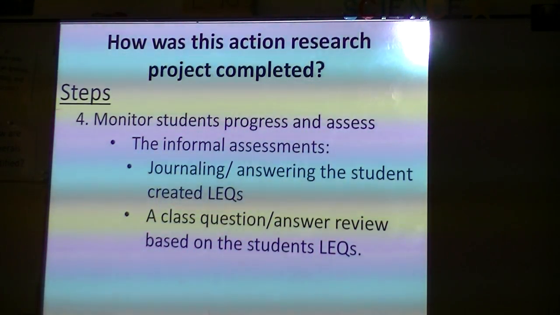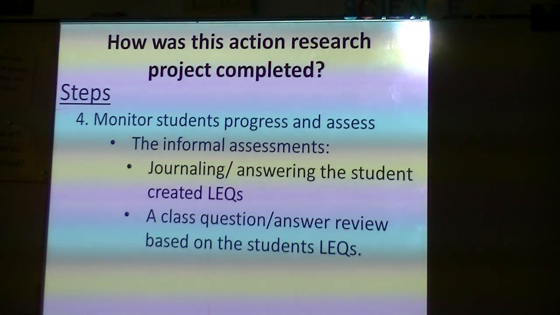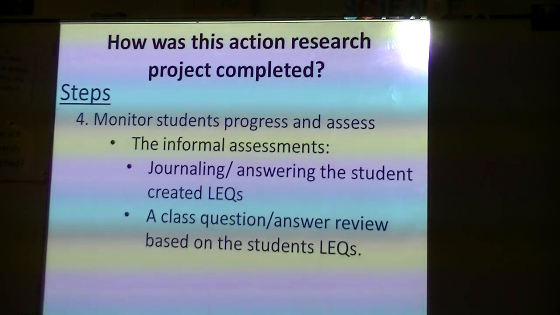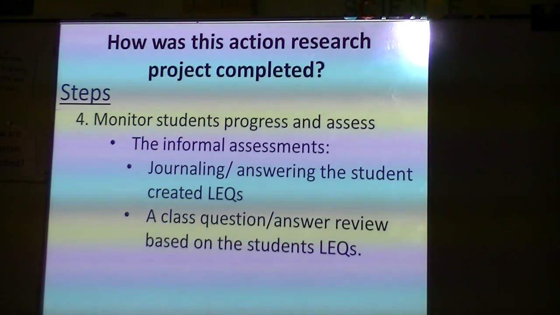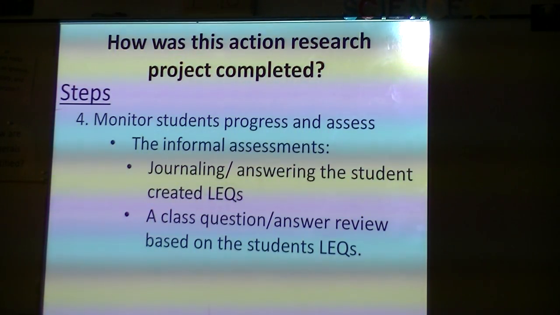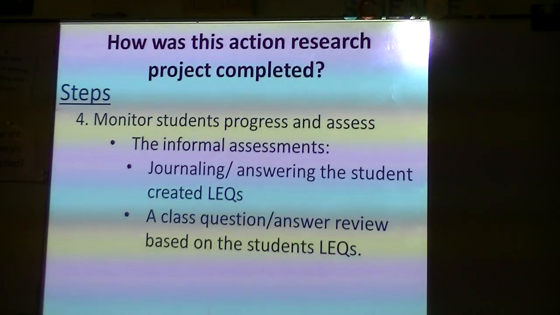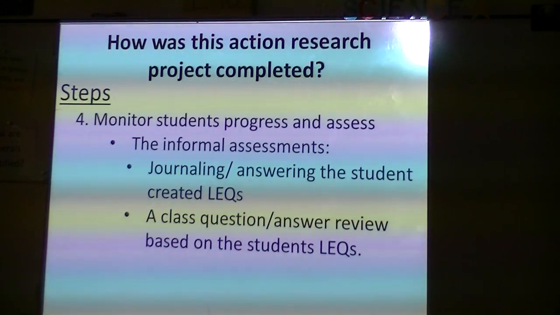The second was a class question and answer session. I looked at the LEQs that the students had made and came up with random questions off the top of my head. I also allowed students to ask other students questions as well.